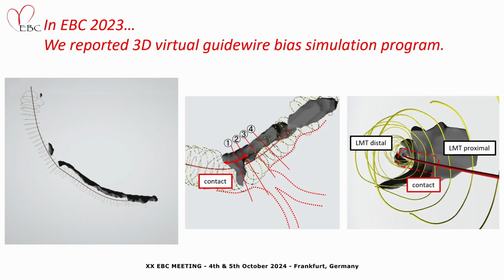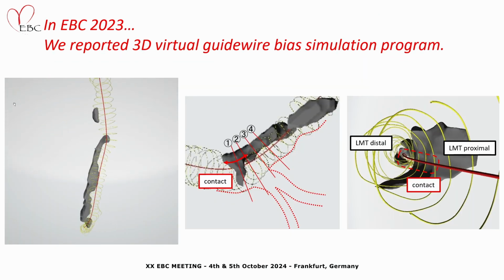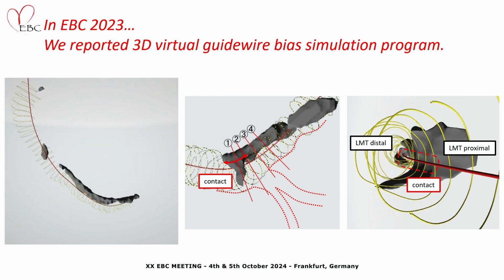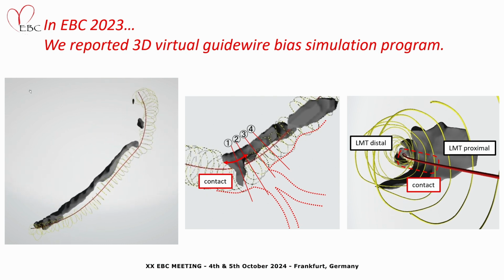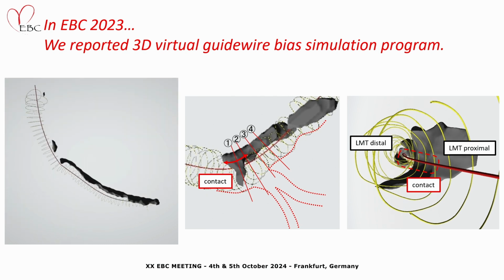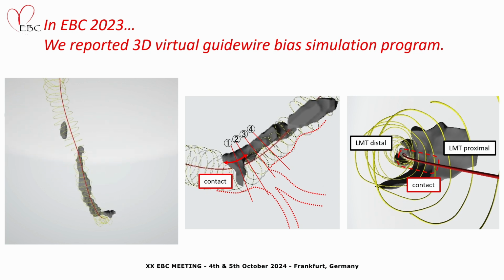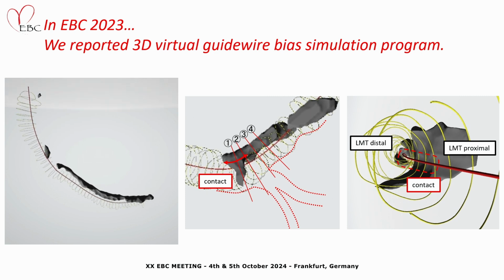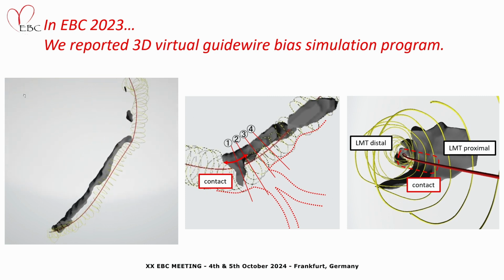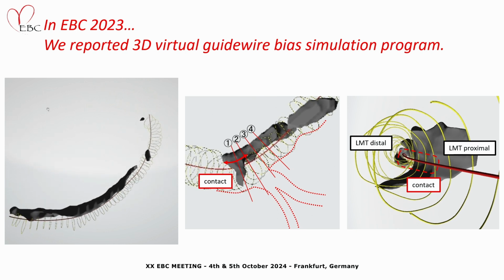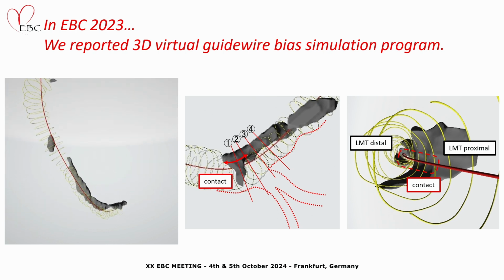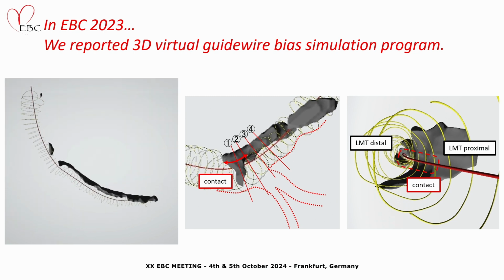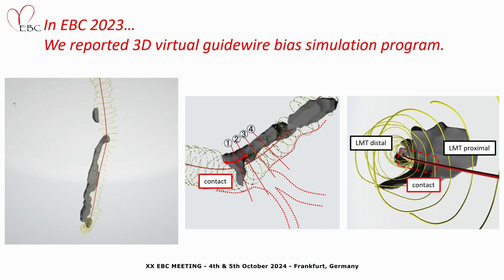Last year, we reported a 3D virtual guide wire bias simulation program using this 3D calcium model. However, this calcification model was created using the CT density number, so this method has some limitations, and this prototype guide wire bias simulator program has somewhat complex steps.